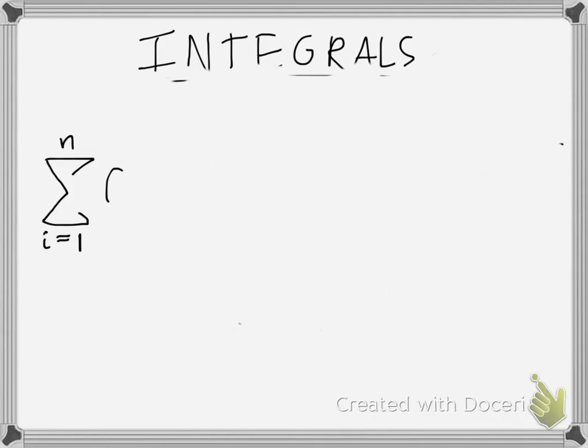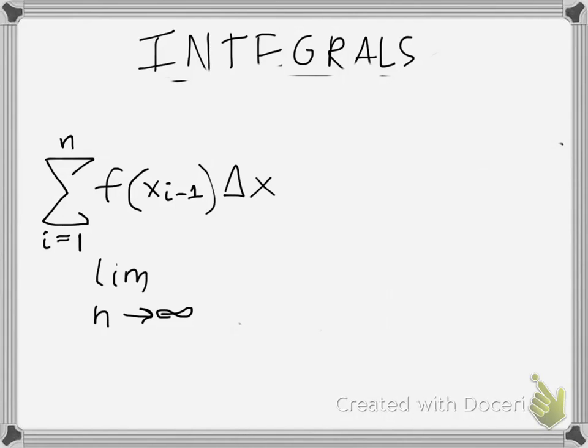So it's the sum from i equals 1 to n of f of x sub i minus 1 times delta x. Now what we do is we take the sum as the number of rectangles goes to infinity. So now we have an infinite number of rectangles.